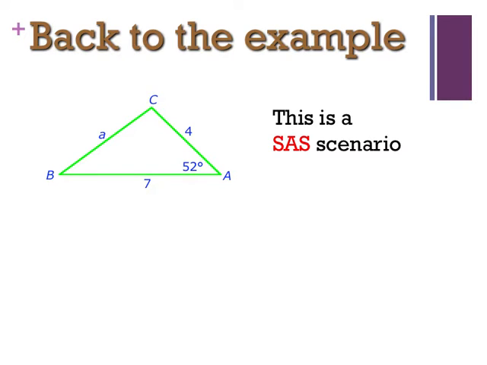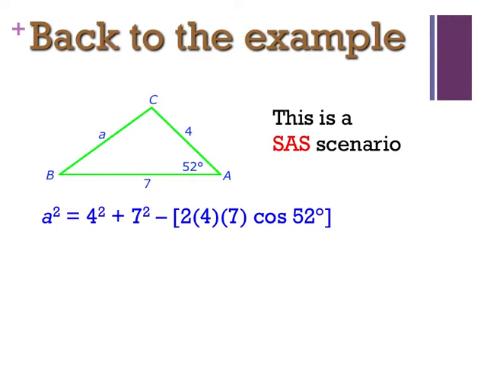We don't know. That's what we're solving for. What's lowercase b? 4. What's lowercase c? 7. Capital A? 52. Okay, good. Now that you've done that, and by the way, like it says there, this is called the side angle side scenario. The given information that we know is side, angle, and side, and therefore we have to use law of cosines. Okay, so there's the setup.